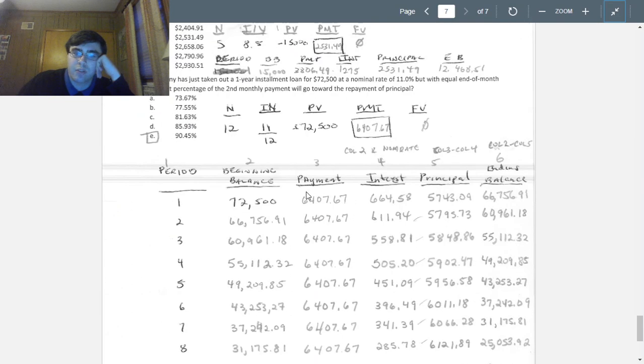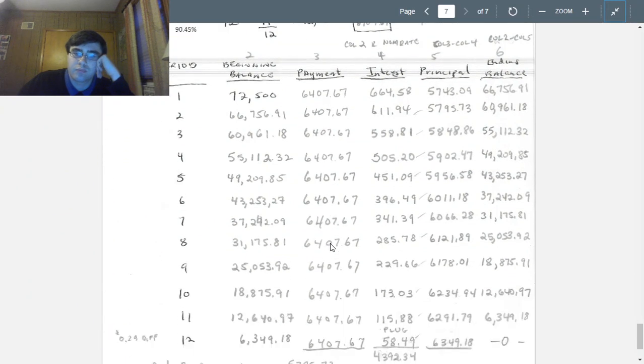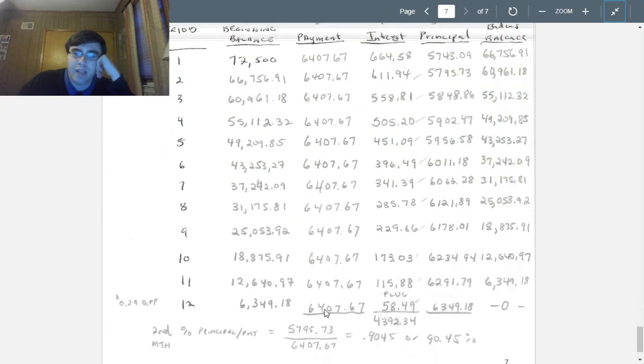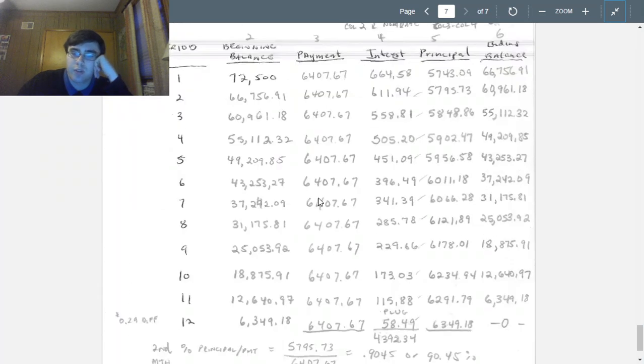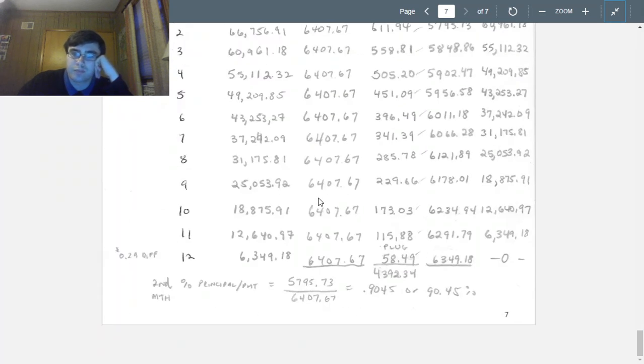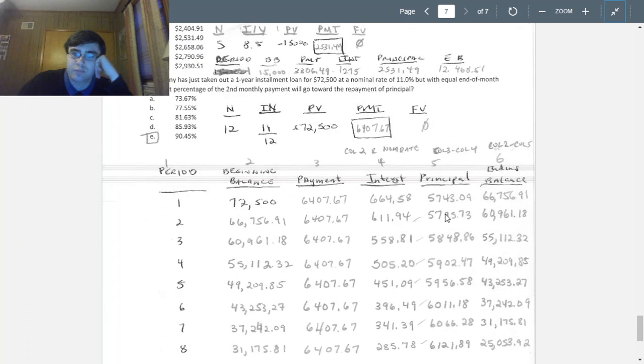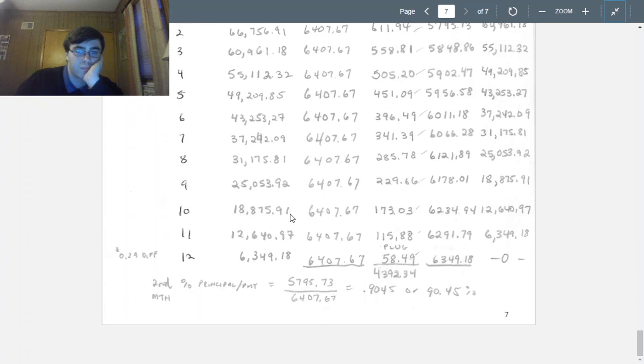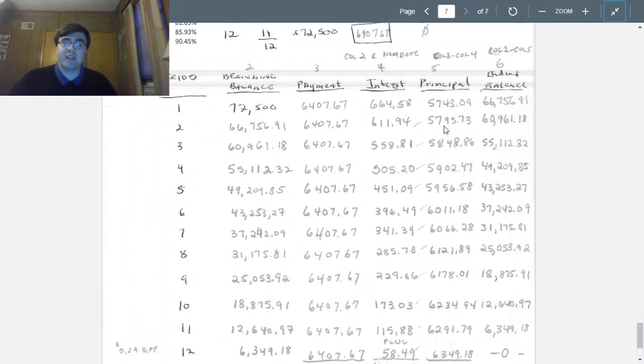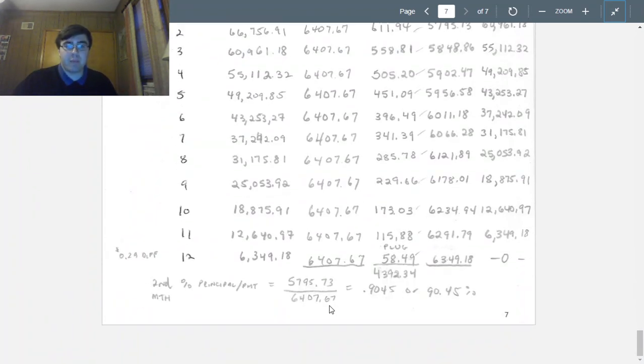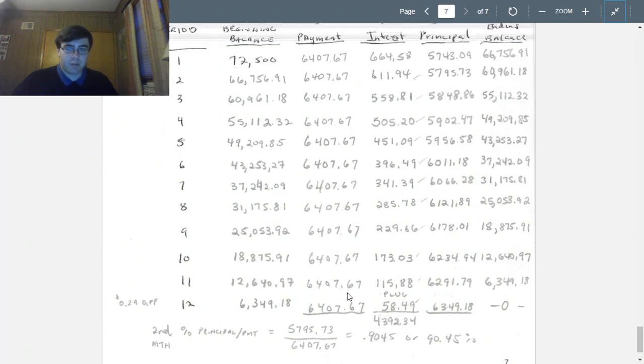I think what he meant was, I'm not sure why I underlined the one all the way down here. He should have underlined this. He did the principal number here divided by the payment, and it's that.